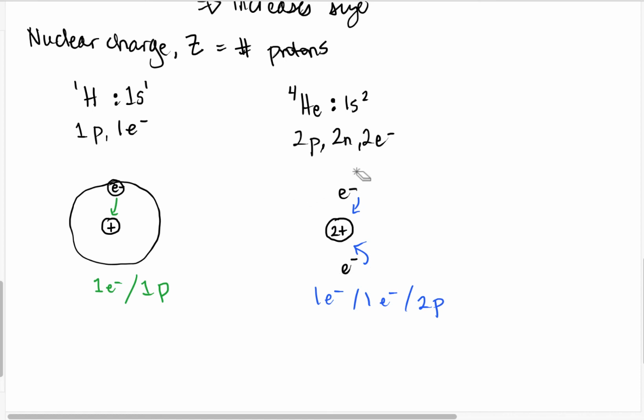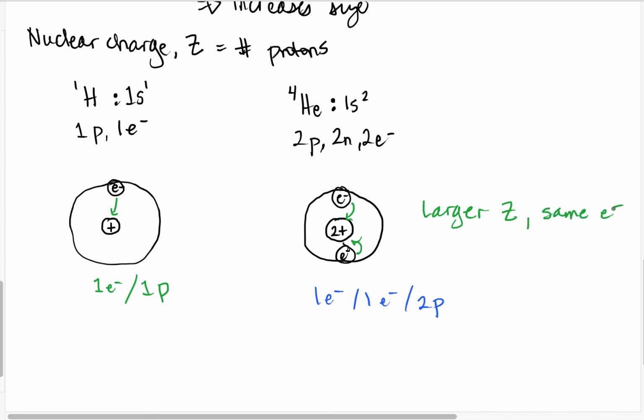They are both in the 1s shell, and as a result of this increased attraction from this larger nucleus, these electrons are pulled in a little bit more strongly because they have a larger nuclear charge. So we have a larger nuclear charge, we have the same electron shell, so we have a smaller atom.